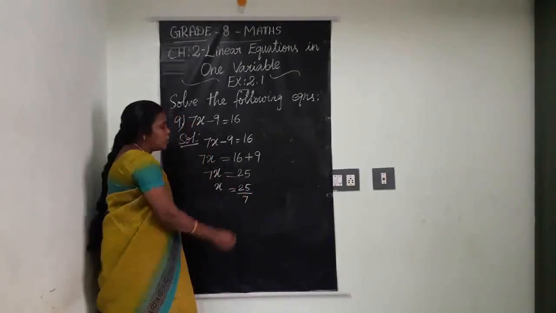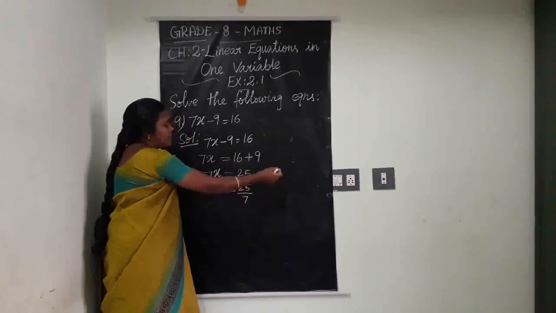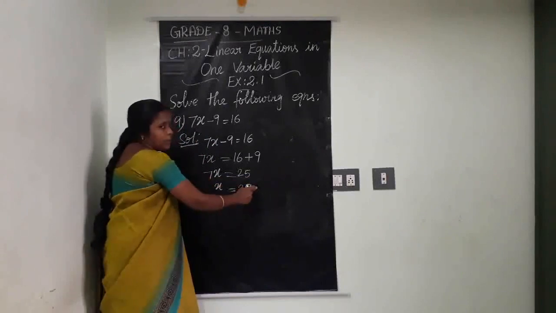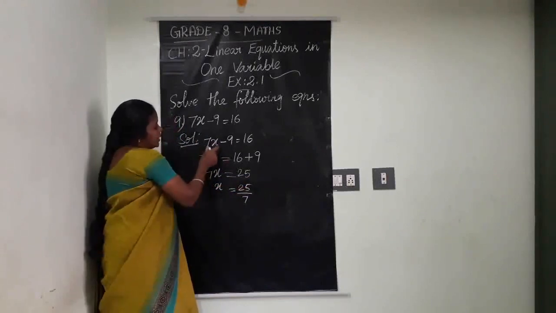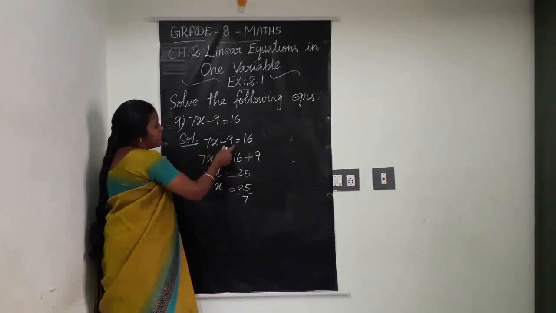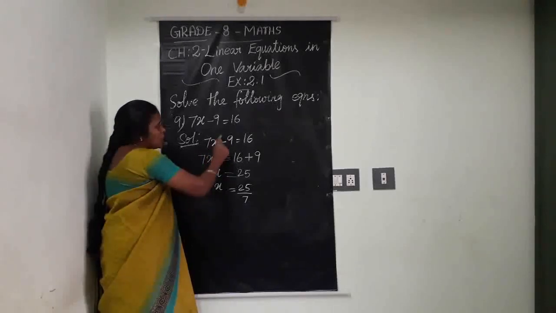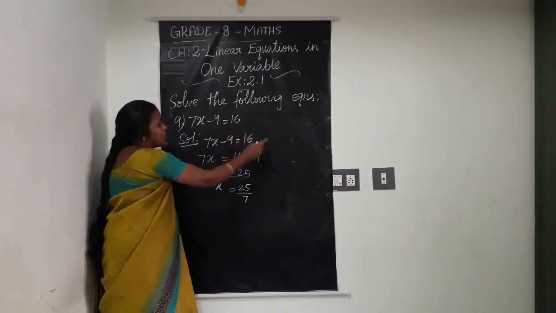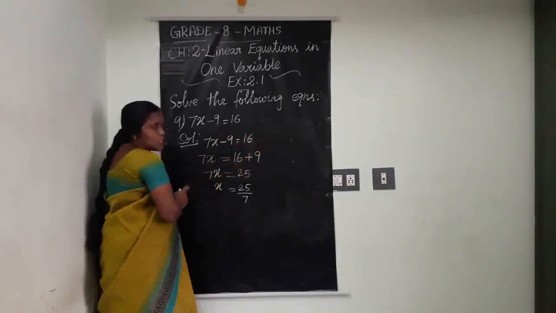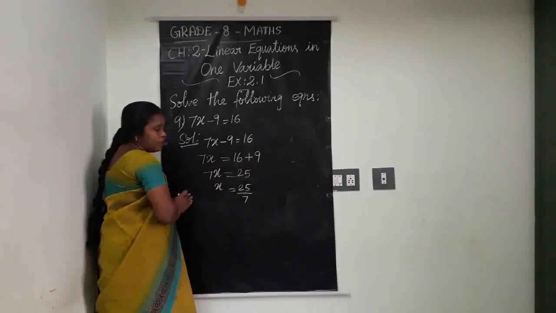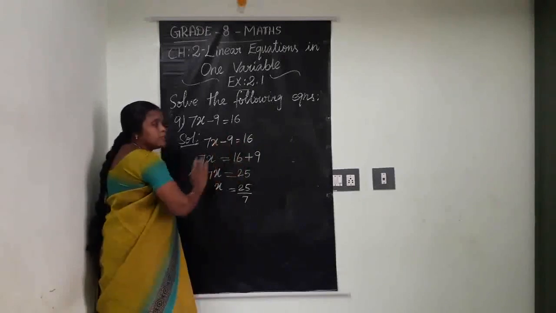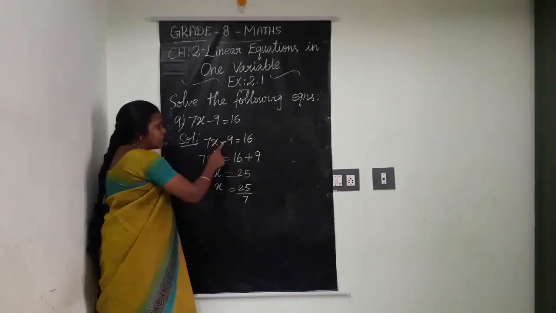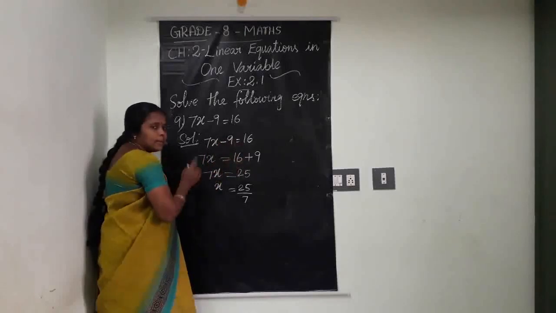Keep it in mind. Don't take it casually. Here, if you see the first step, 7x minus 9, two terms, they are connected with each other by subtraction. So I have taken this to the opposite side, at that time it went to plus. Sorry, not positive, here we are talking operation-wise: subtraction, addition, not positive, negative.